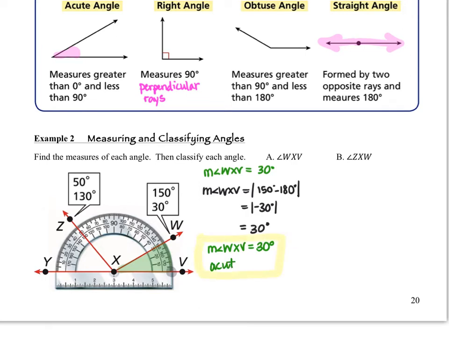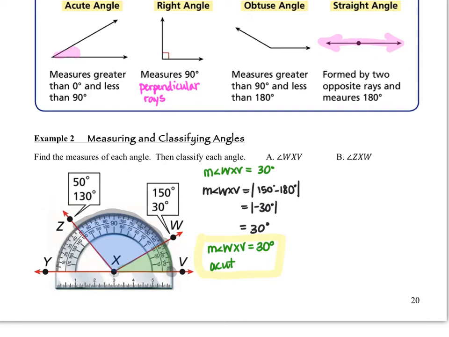The next part of the question, part B, says we want to find the measure of angle ZXW, which I've highlighted in blue. And we're going to look at it both ways, both on the outer ring of the protractor and on the inner ring of the protractor. So let's start on the outer ring. We can see that ray XW falls right here at 150, and if we scan across to where ray XZ hits the protractor, we see that that's 50.